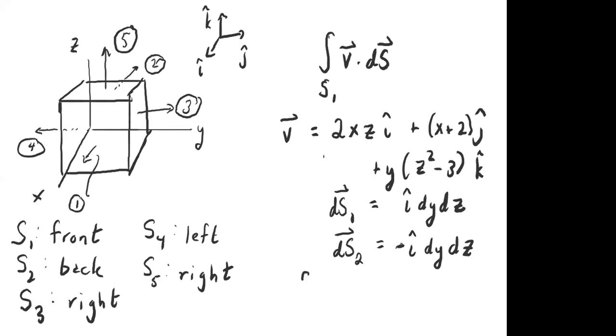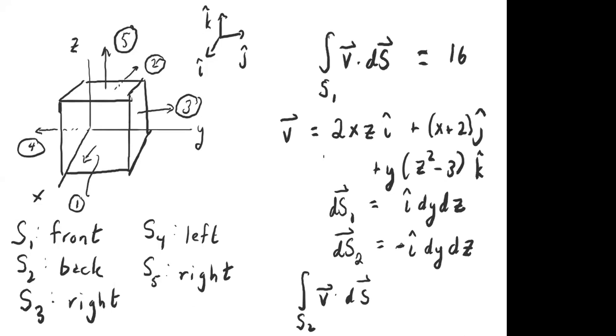So in fact, I'm not going to repeat this, but we evaluated at least 2 of the 5 surface integrals in last lecture. The integral of v dot ds1 over S1 turns out to be a number, 16.